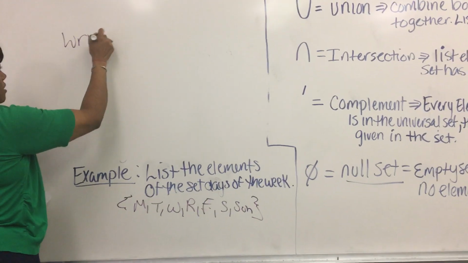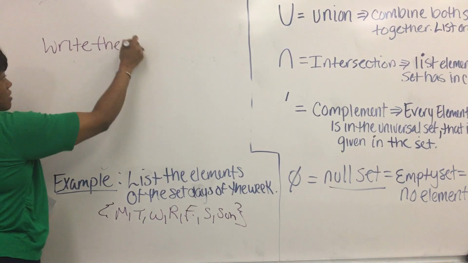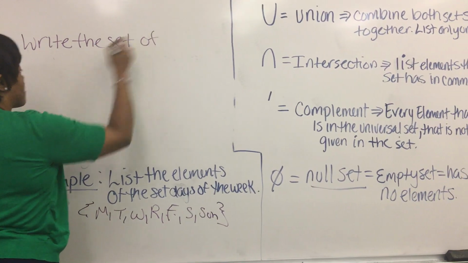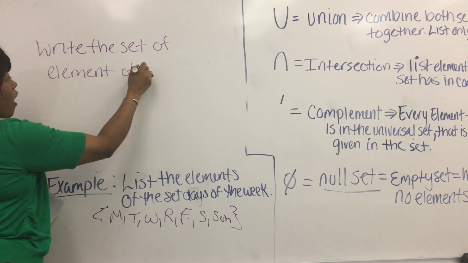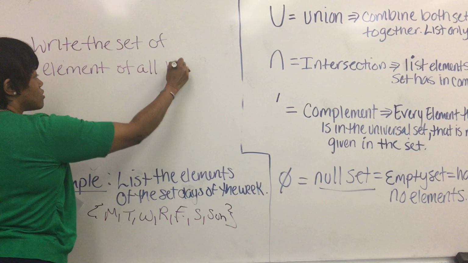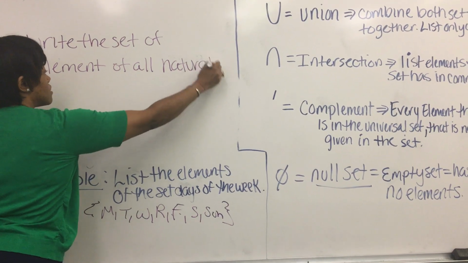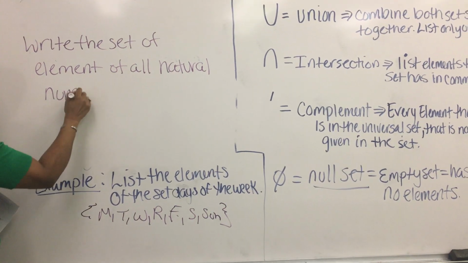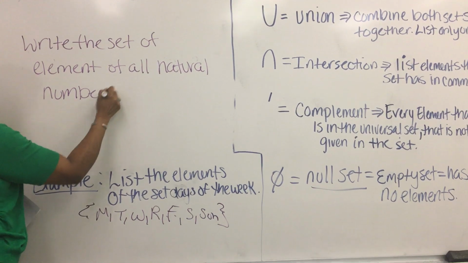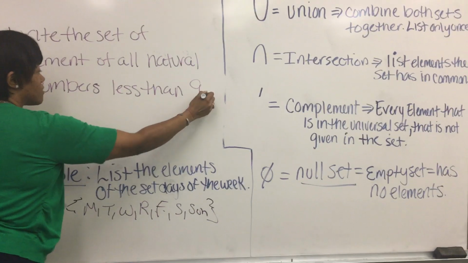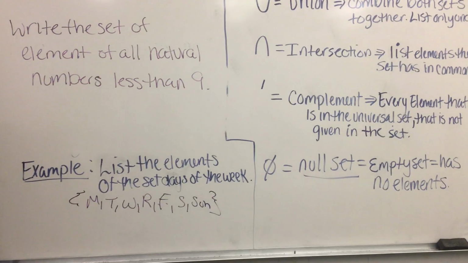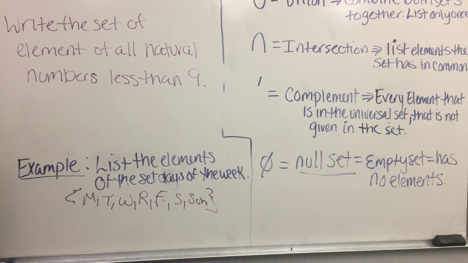Now, when we start to look at more intricate things, let me see what it says. Write the set of elements of all natural numbers less than 9. If we recall, natural numbers are all positive numbers.